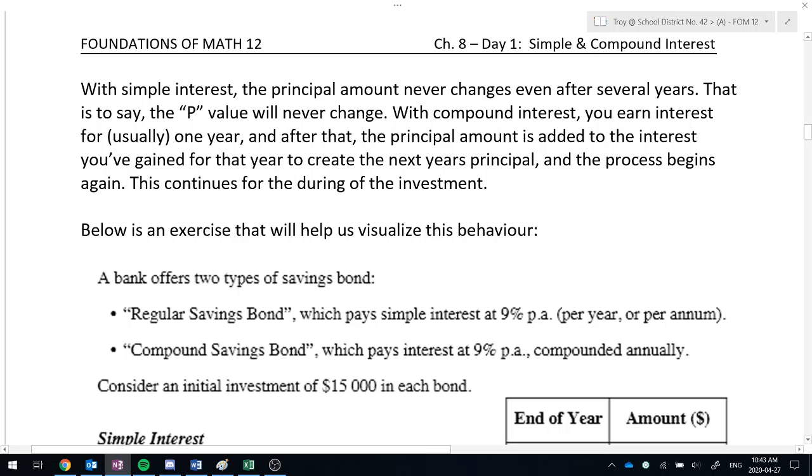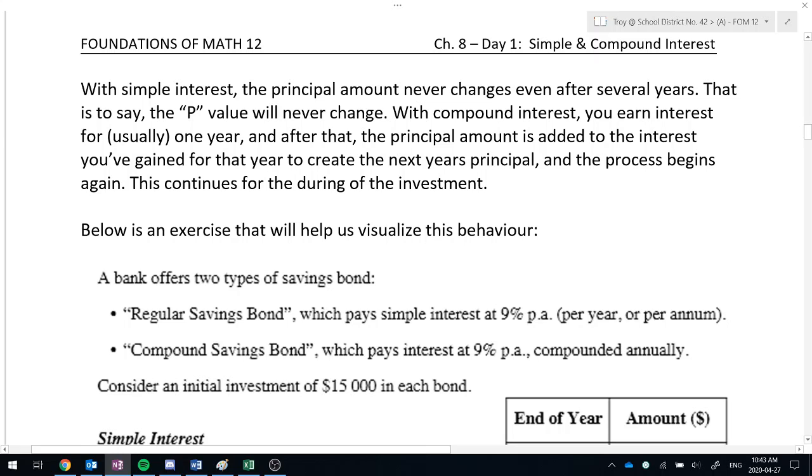It always stays the same, regardless of how long we're leaving the investment sit to gain interest. But with compound interest, it changes. Usually it's every year. In this section of the book, we're just going to deal with yearly, we call them compounding periods, hence the name compound interest. We say that every year the interest is compounded.